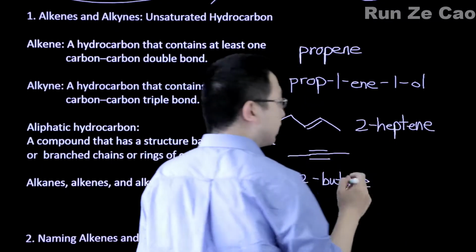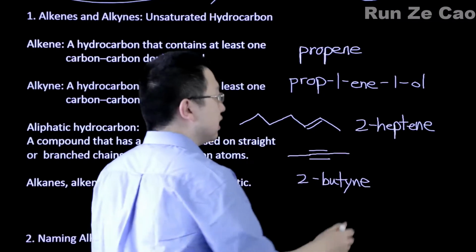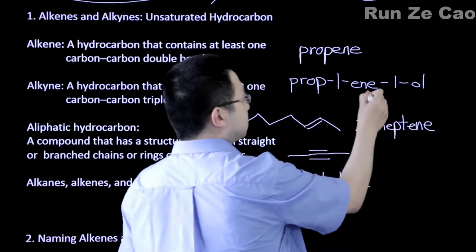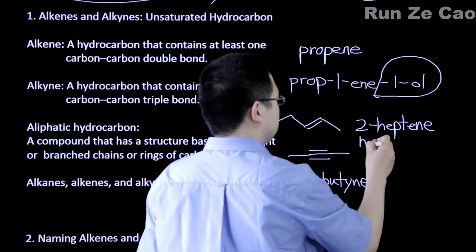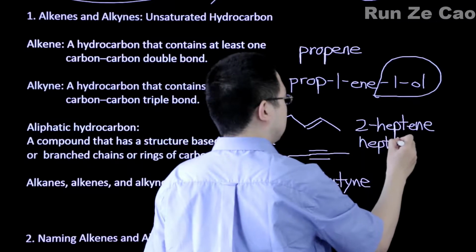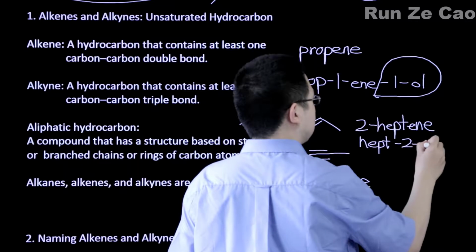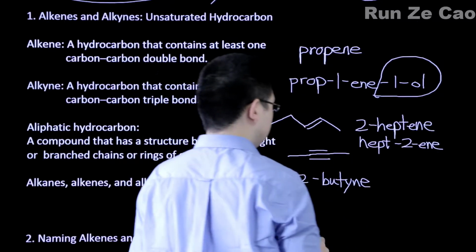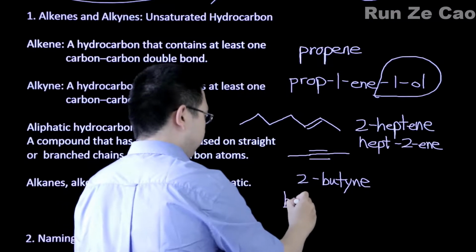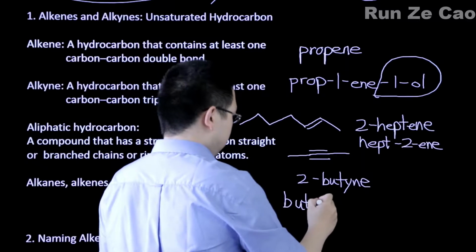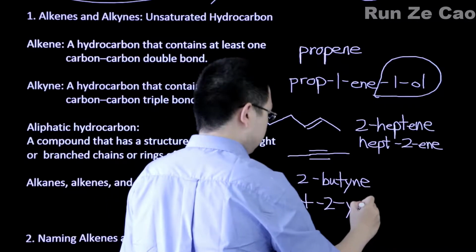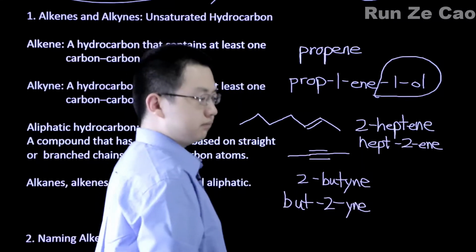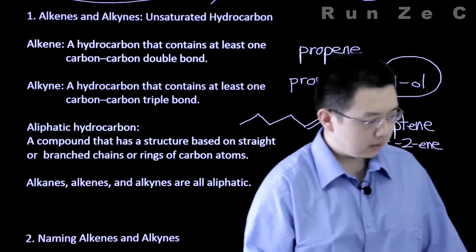We note that they typically are not very picky about this, unless there are a bunch of substituents like here. So this is also 2-heptene, or 2-butyne.